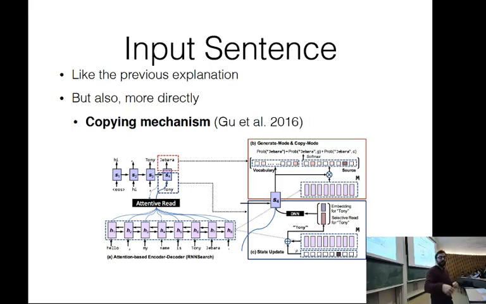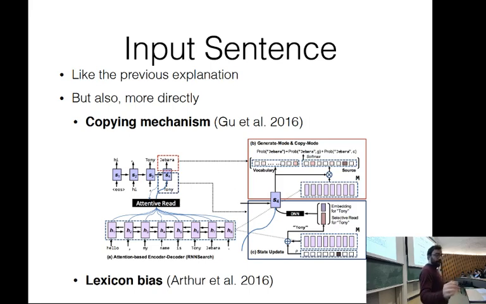There's some work on that. So you might want to learn to copy from the source using this attention mechanism. Another thing that you might want to do is, if you have a discrete lexicon, that's work again by Neubig, and you want to incorporate that, so that if you're attending over one word with a very high weight, and you have a lexicon that gives you a candidate translation, you could potentially use that.